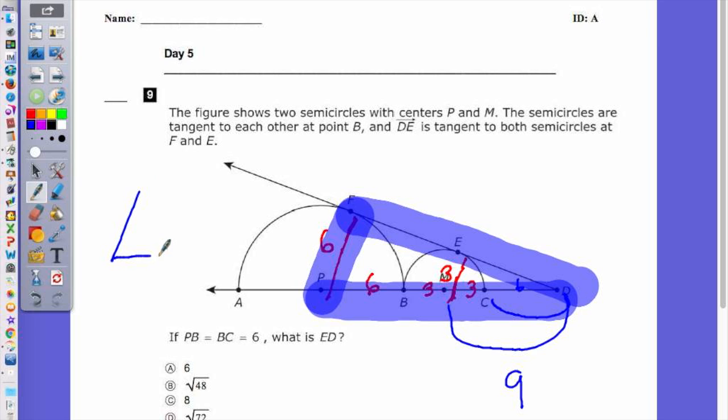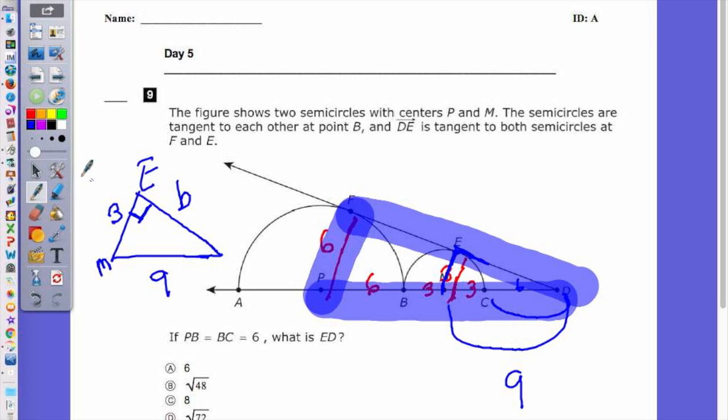This was my point M, E, and that was 3, right? And this whole length is 9. But since this is tangent here, when it intersects with a radius, it makes what degree angle? Right, 90.